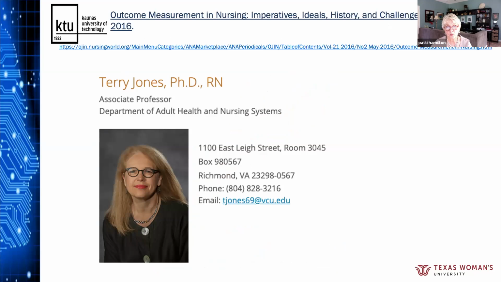She's written this wonderful article about outcome measurement in nursing: imperatives, ideals, history, and challenges. It was written in 2016. It was before its time at that point, and it's still ahead of its time, in my opinion, in thought about informatics. So I highly recommend it. And as I said, it's in your Moodle resources.